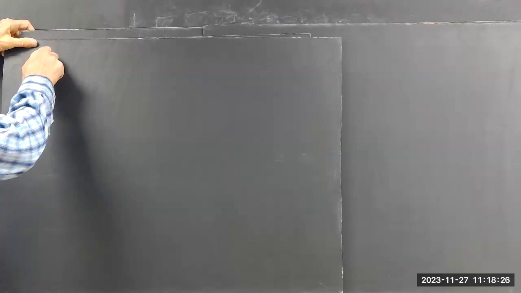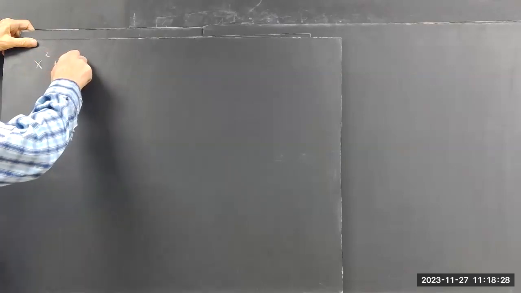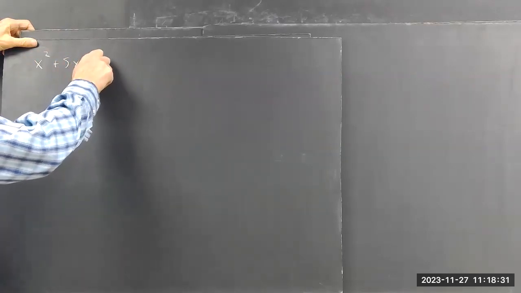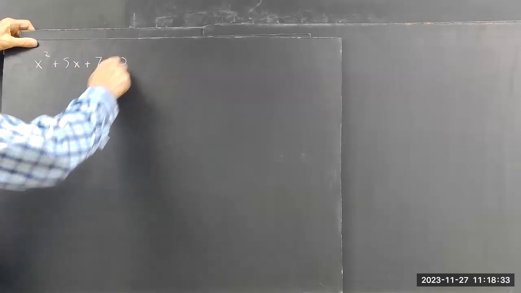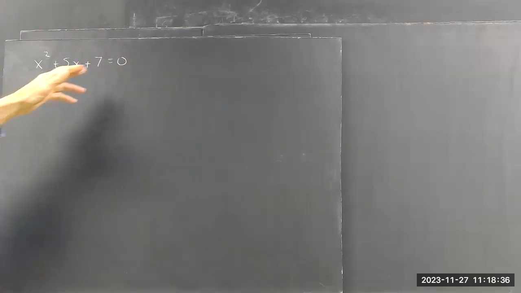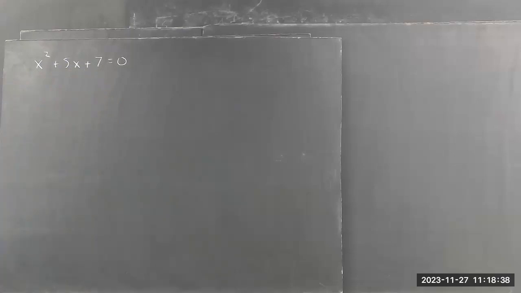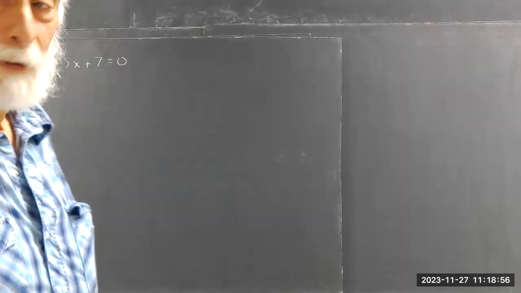So let's look at this equation: x squared plus 5x plus 7 equals 0. Now, I'm just going to tell you, I know we can't factor this, not because I've tried to factor it and can't, that doesn't prove anything. Just because I can't factor it doesn't mean it doesn't factor, okay?